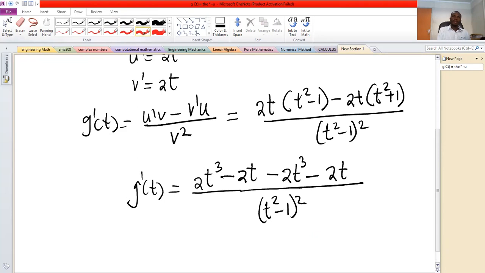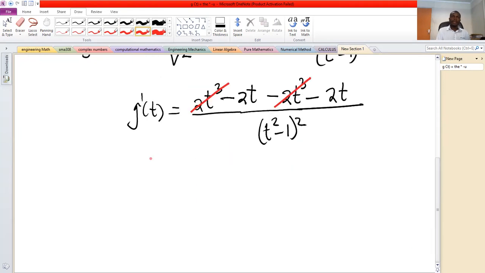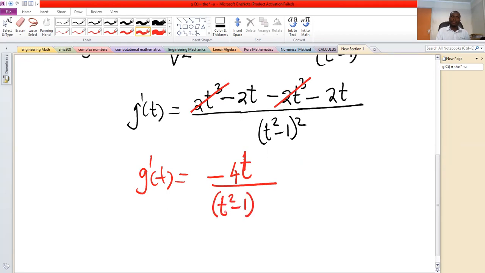Now you see this and this cancel out, so that we have g prime of t is minus 4t over (t squared minus 1) power 2.